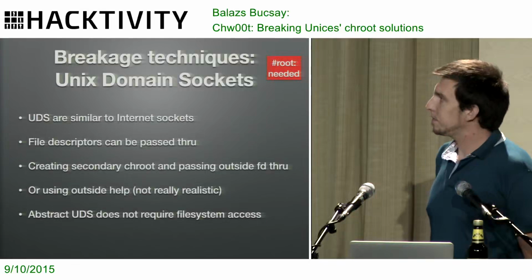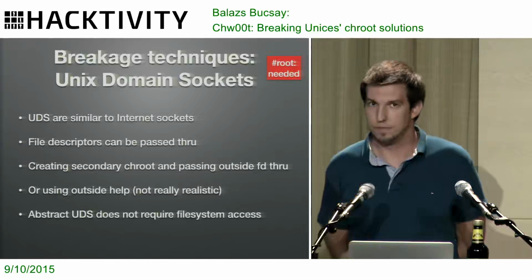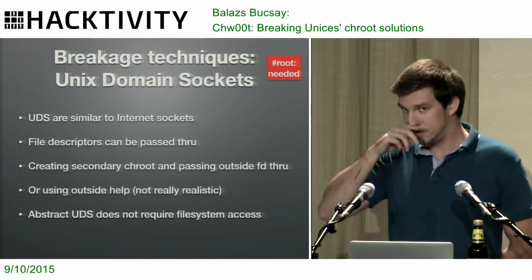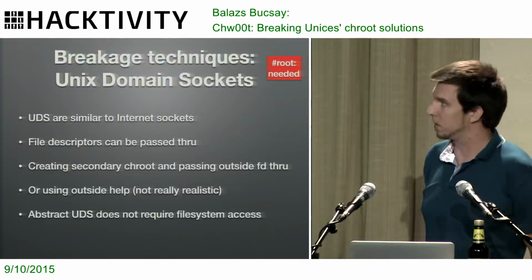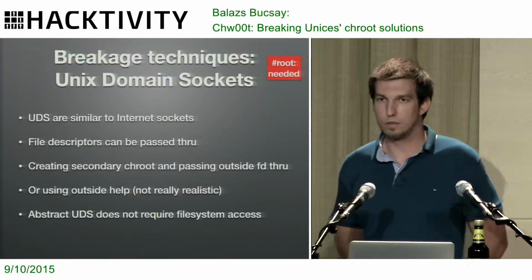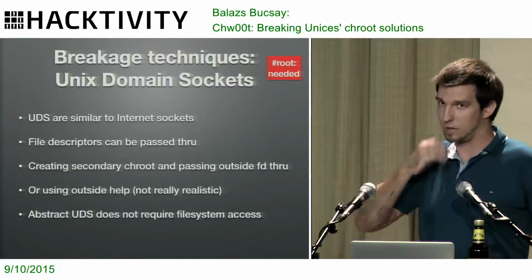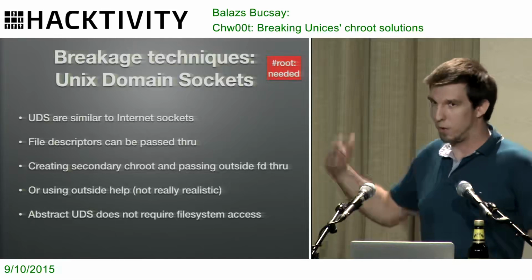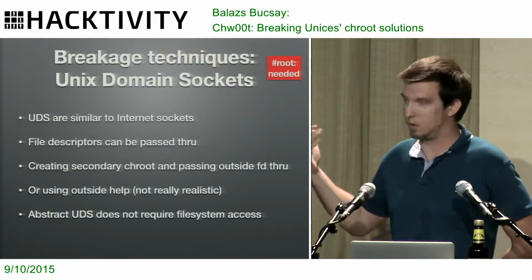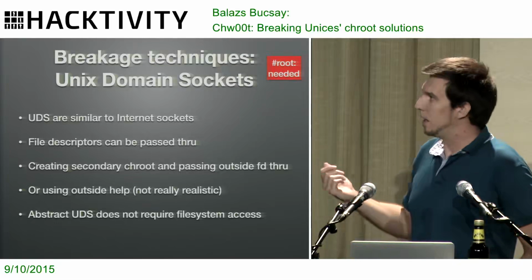So Unix domain sockets. I don't know if you are familiar with this. It's like internet or network sockets, but you don't need any network interface on your Unix box, because it's working without network access.